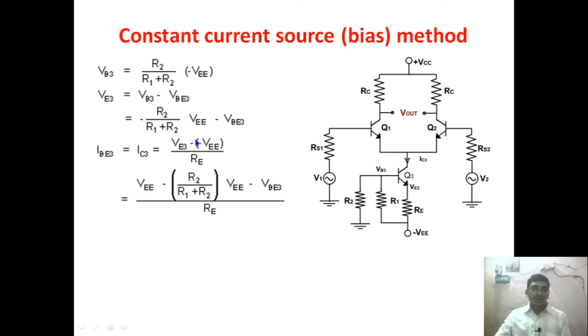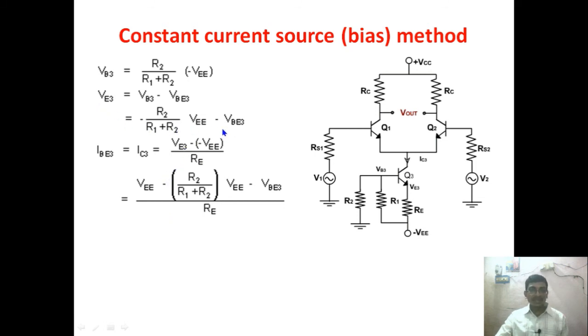Now this IE3 emitter current is approximately equal to IC3, the collector current of the transistor. IC current is equal to IE current. That's why IE3 is equal to IC3. Therefore, we can write IC3 is equal to the VE3 value we calculated.